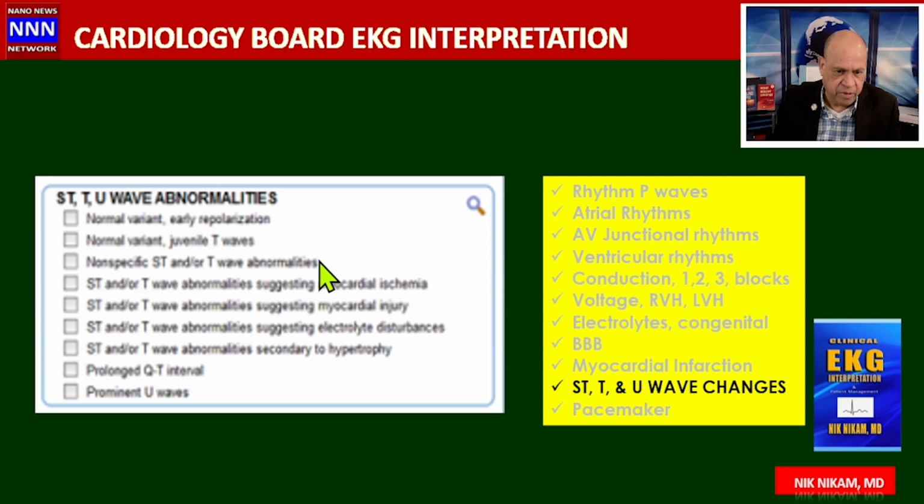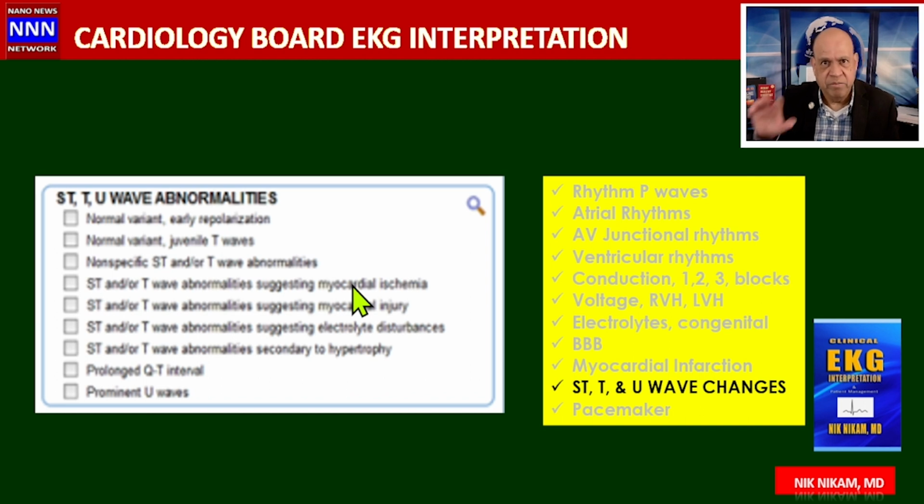Non-specific STT abnormalities. We're going to look at what are non-specific STT abnormalities, what are pathological STT abnormalities, what are secondary STT abnormalities, what are hyperacute STT abnormalities, and all of these, as you can see, suggestive of myocardial ischemia.